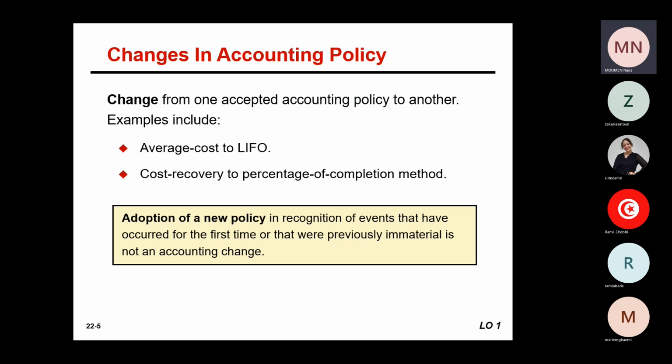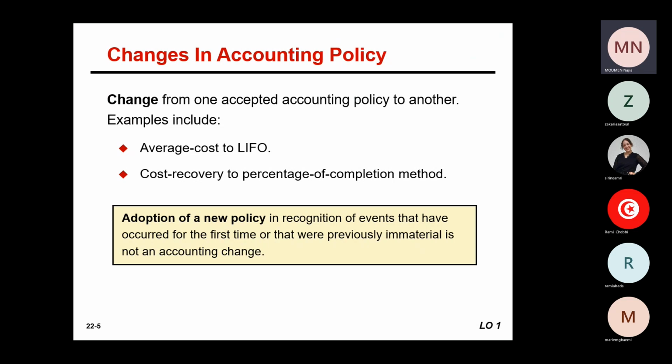So when you switch from average cost, for example, to LIFO, that's, of course, LIFO is not really accepted under IFRS, but it is accepted under the US GAAP. Okay, so when you change from one accepted accounting policy to another one that is also accepted, that's what we call a change in accounting policy.